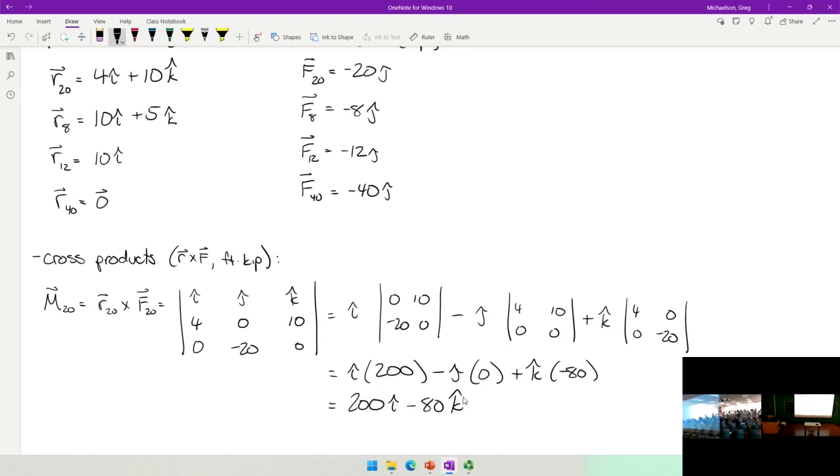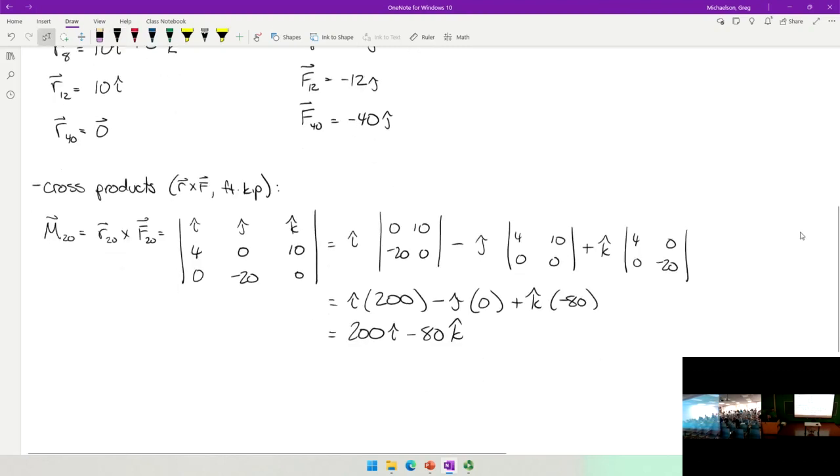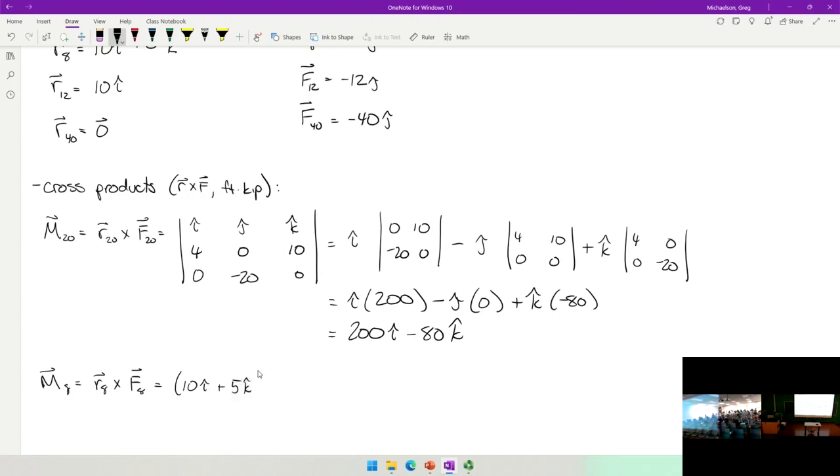And they're going to be just as easy, I think, to deal with. So M8 is going to be R8 crossed with F8. So that's going to be 10I plus 5K crossed with negative 8J.